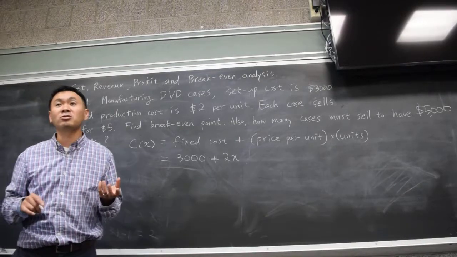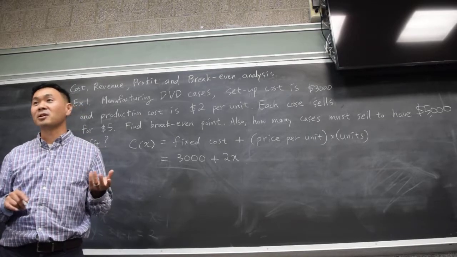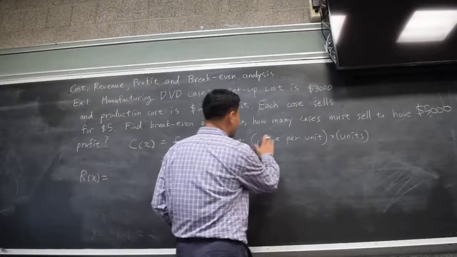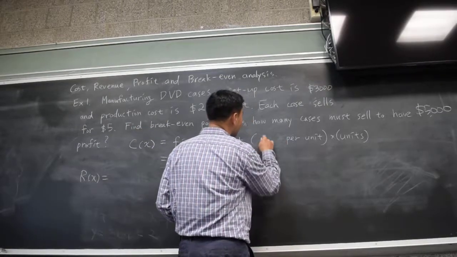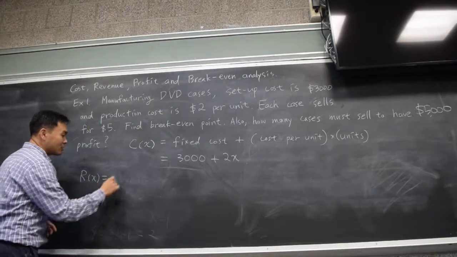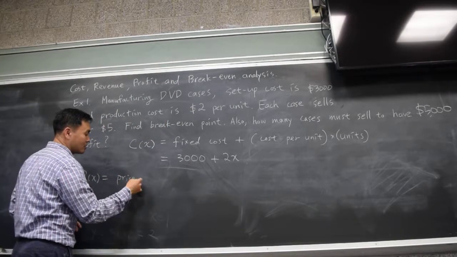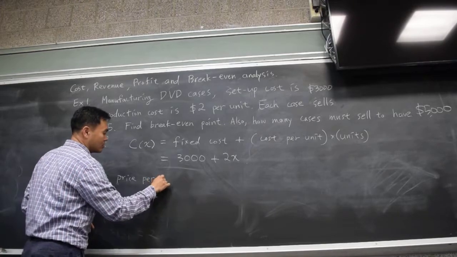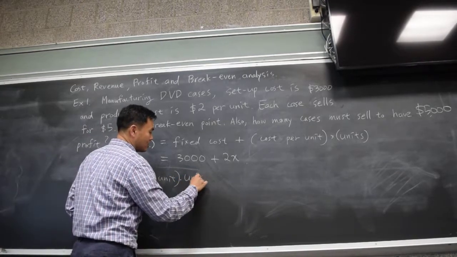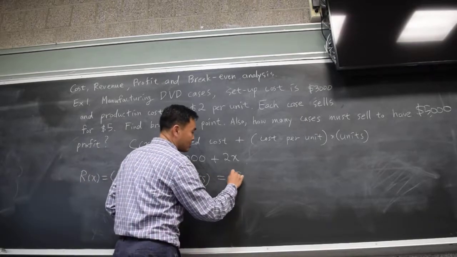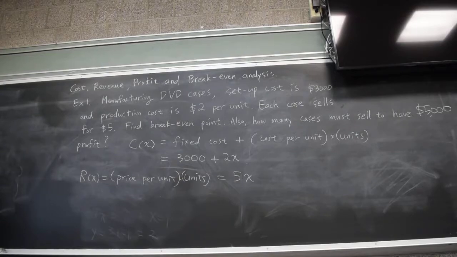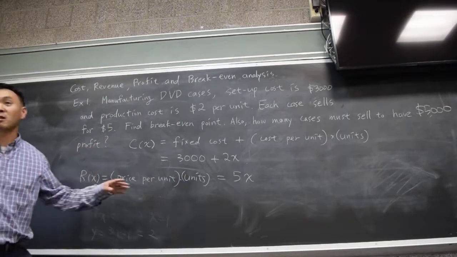How about if you make two? 10. Right. Sorry, I made a mistake here. This is cost per unit, and this would be the price per unit multiplied by the number of units. So in this case, it's $5 times the number of items you make, assuming that every one of these are sold.